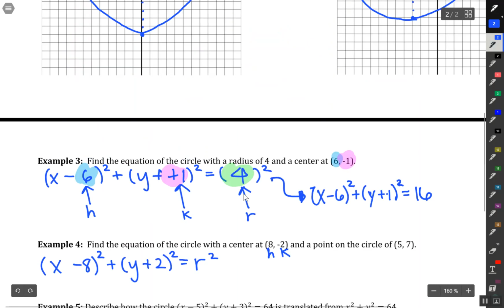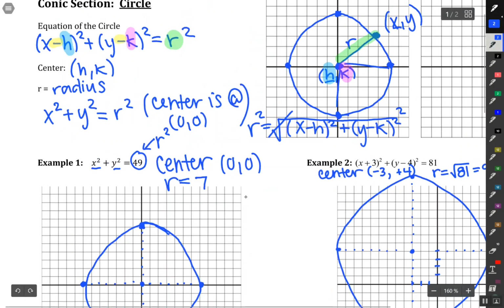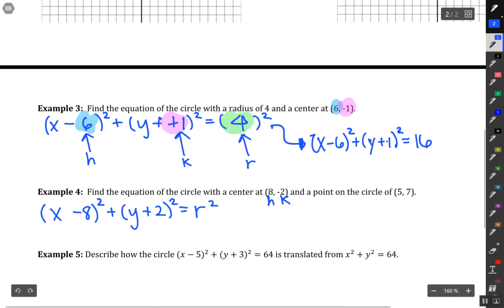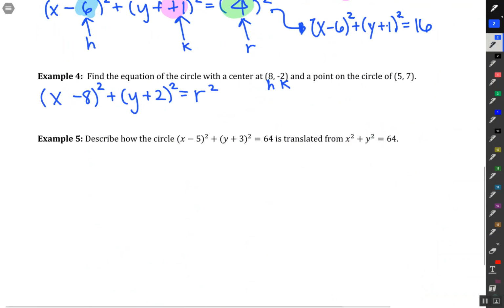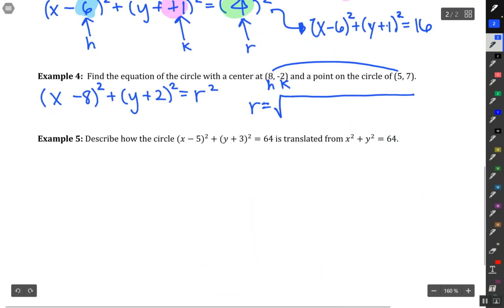So recall up here I was showing you how the radius kind of gives you the formula using the distance formula. And so we're going to use the distance formula. The radius is just the distance between the center and a point. So using the distance formula will give us a radius. So I'm just going to use the distance formula with these 2 points.